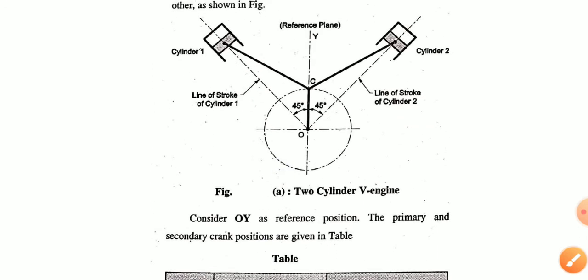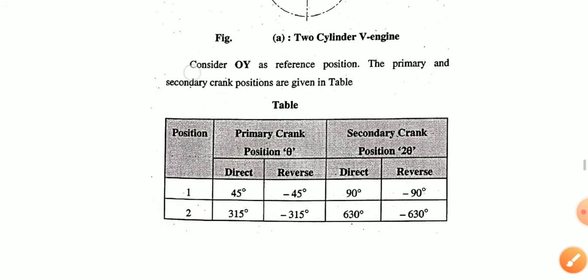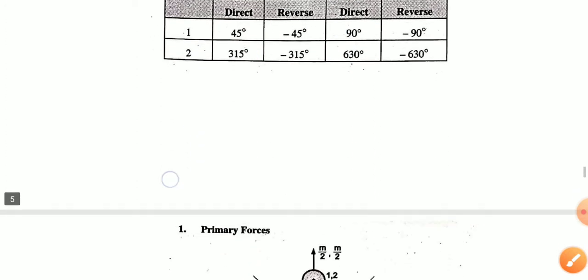If we measure from this reference plane, this will be theta 1 and the second angle will be theta 2. But for the reverse crank it will be negative. In the same way for secondary, 45 becomes 90 and 315 becomes 630. So in the same way we can find the secondary crank position angle.